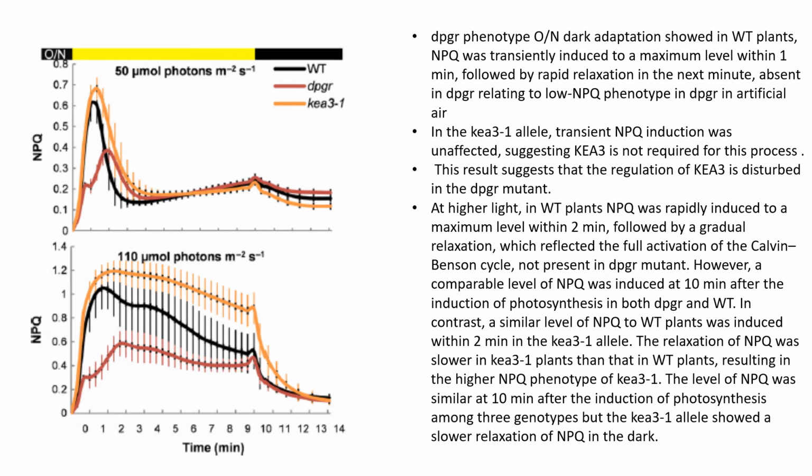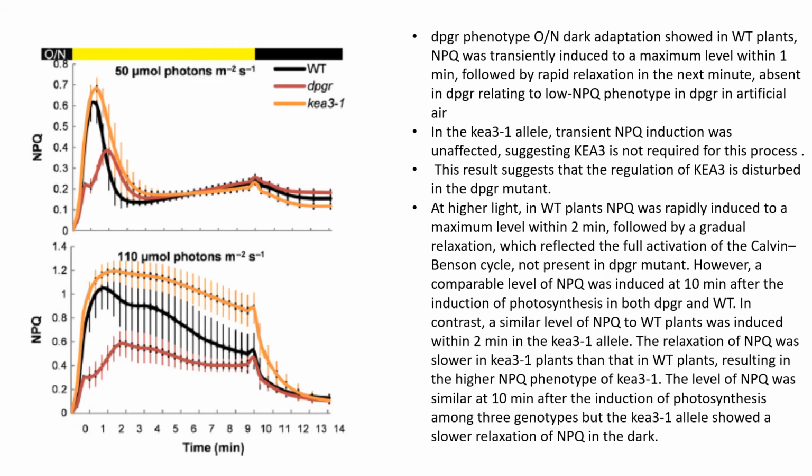This actually reflects that this gradual relaxation was due to the full activation of the Calvin-Benson cycle, and this is absent in the DPGR mutant. However, a comparable level of NPQ was induced at 10 minutes after the induction of photosynthesis in both the DPGR and the wild type.